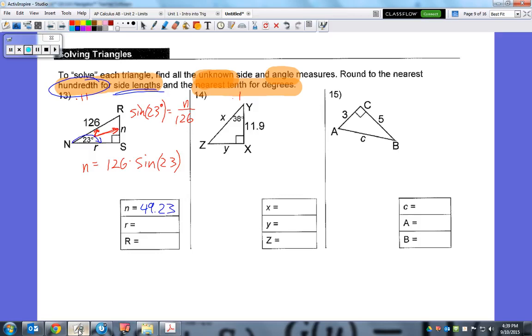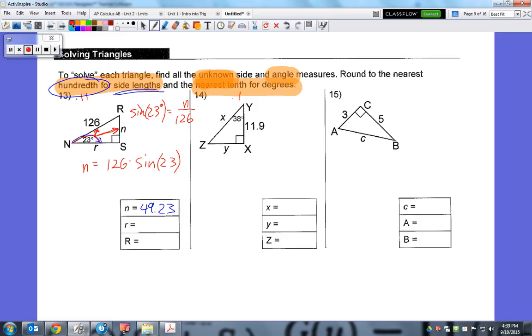Now r will also be to 2 decimal places. There are 2 ways that I can find r. I can use the Pythagorean Theorem right now. But if I use this number, I might get it wrong because I'm using the rounded answer. If I want to be more exact, I'm going to use exactly the values that I was given, the more accurate ones.